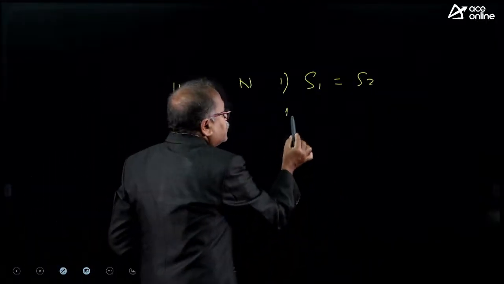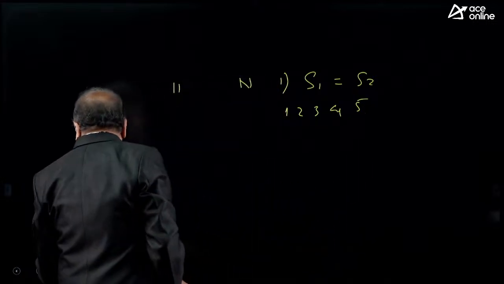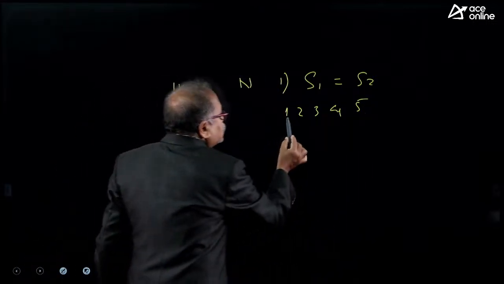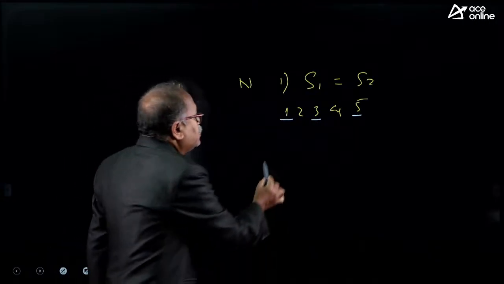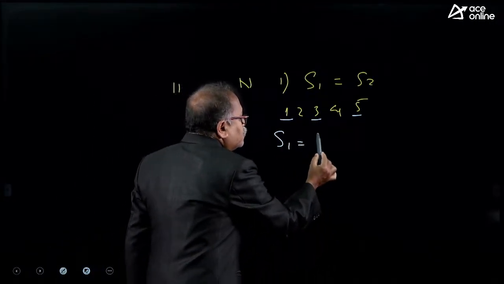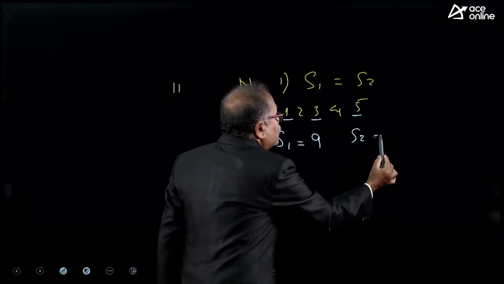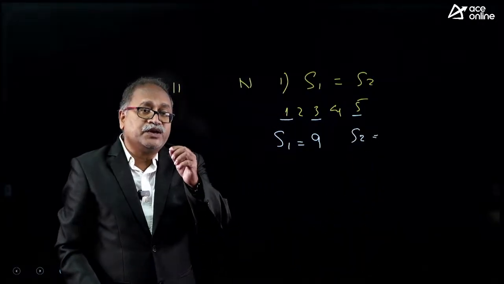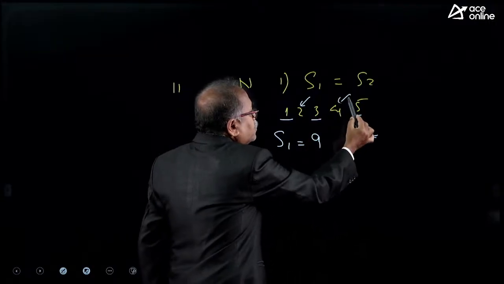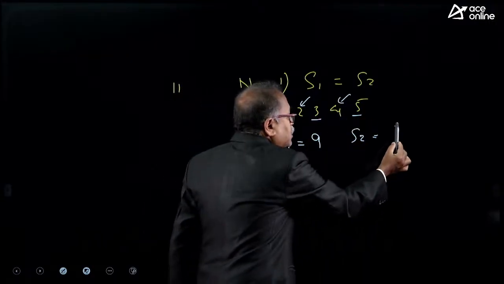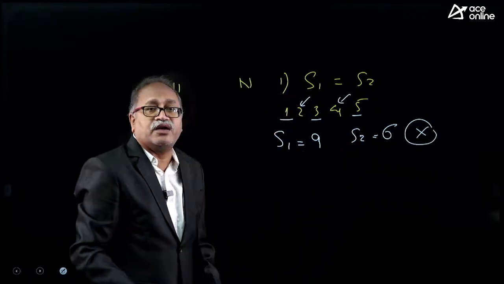If I take 1, 2, 3, 4, 5, the sum of all the odd place digits is S1: 1 plus 3, 4, 4 plus 5, that is 9. So S1 is equal to 9. And S2 is the sum of all the even place digits: 2 plus 4, that is 6. They are not equal, therefore this number is not divisible by 11.